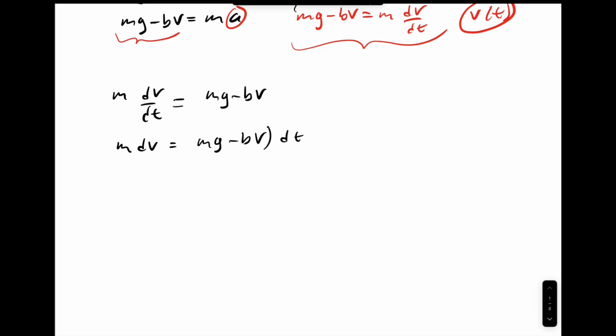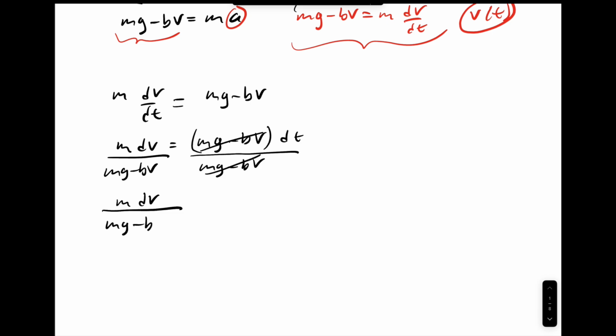I should put that in parentheses. And now I'm going to divide both sides by mg minus bv, so it cancels out over there. And now I have m dv over mg minus bv is equal to, I just got a lonely old dt over there.